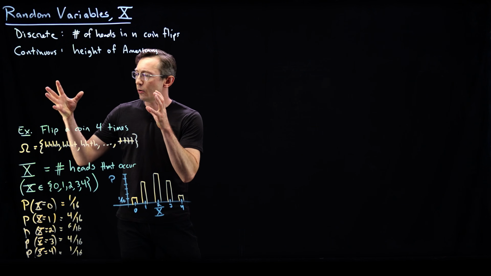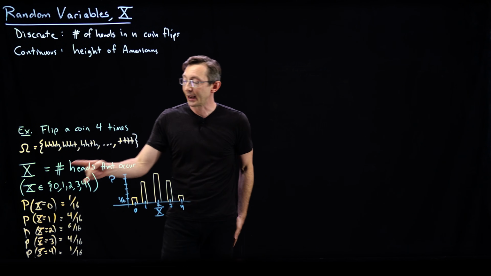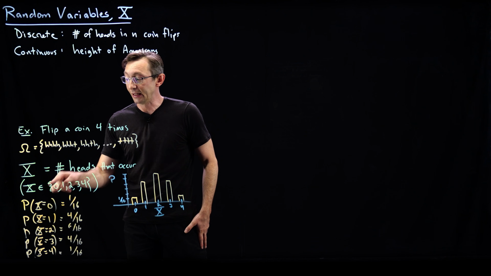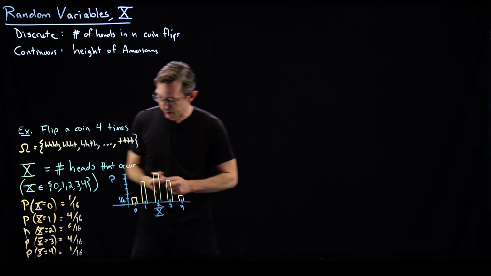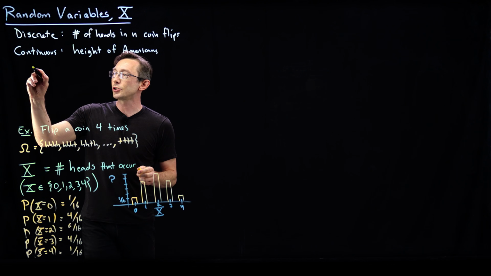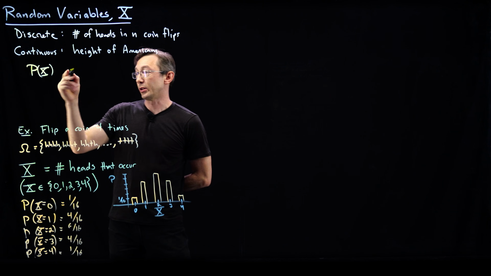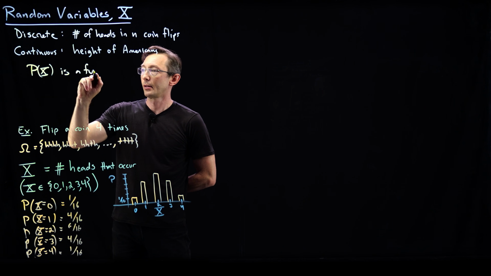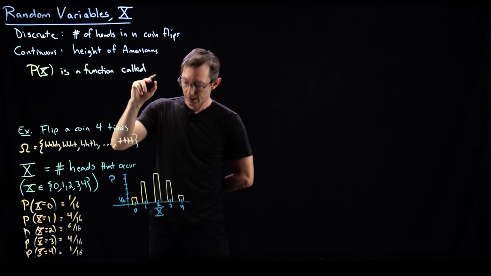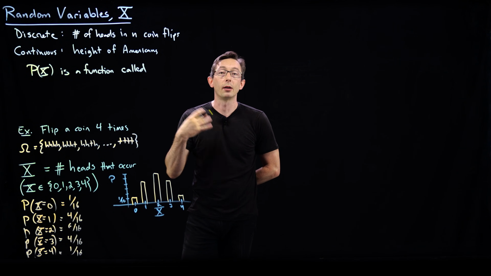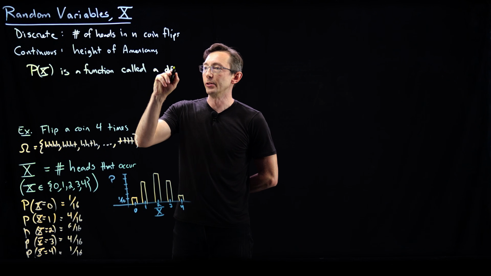Okay, so a random variable essentially is just like a normal variable, except I can assign a probability to x being in each of its possible states. That's really important. And maybe I'll write that down here. So we essentially have p of x, a function you can plot, called a distribution or a probability distribution.